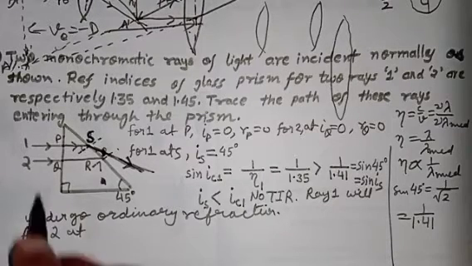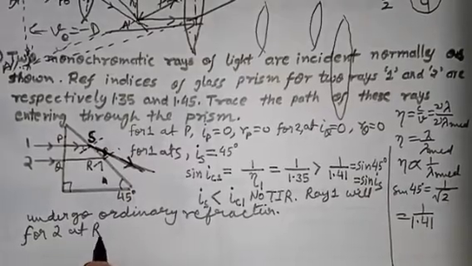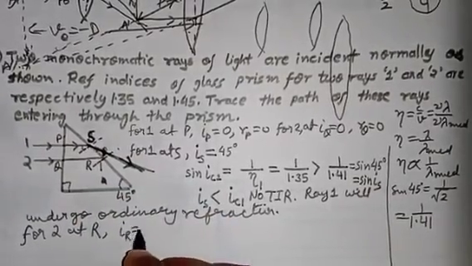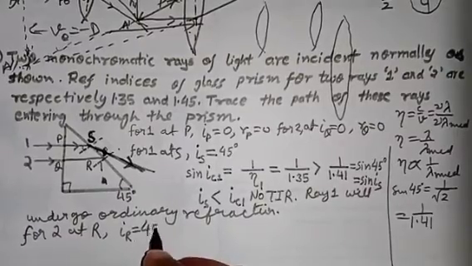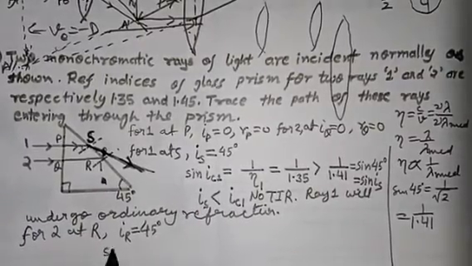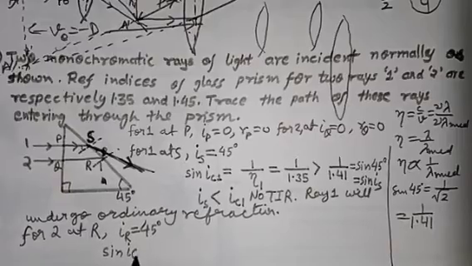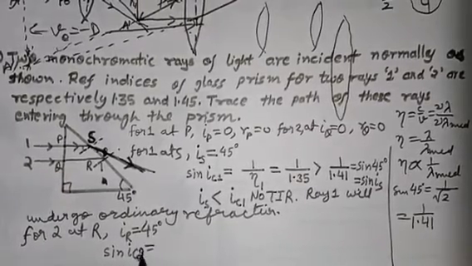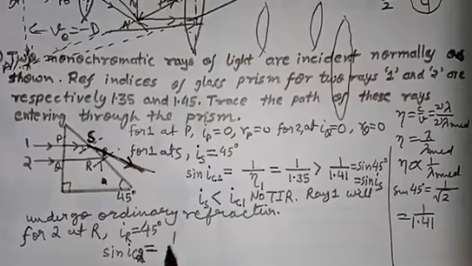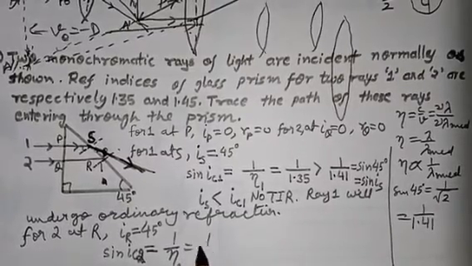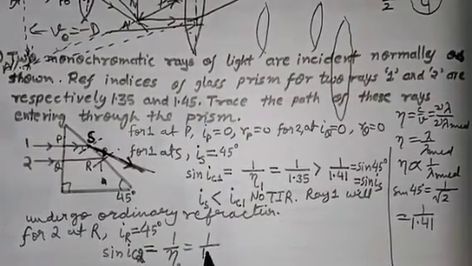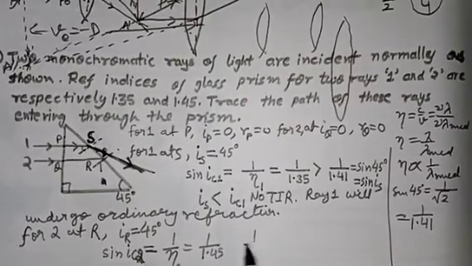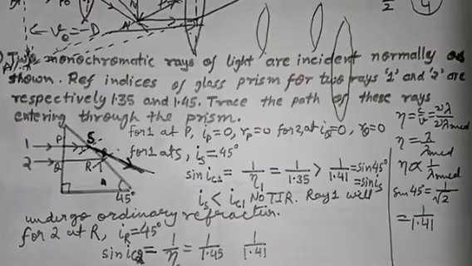So for the second ray at R, once again IR is equal to 45 degrees. Same process. Sin IC2 is equal to 1 upon eta 2, that is 1 upon 1.45, and just randomly put 1 upon 1.41.